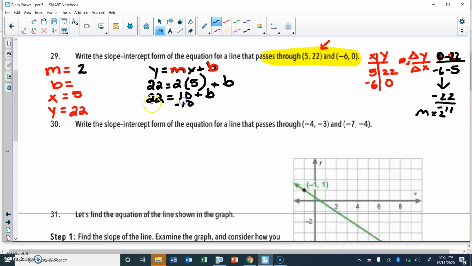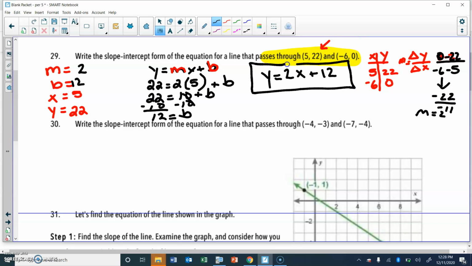If I subtract 10 on both sides, I get 12 equals b. Therefore, the equation of my line is y equals mx plus b, where m is a 2, b is 12. So y equals 2x plus 12. Okay?